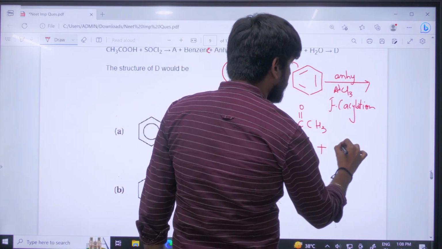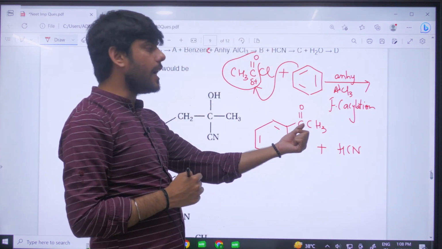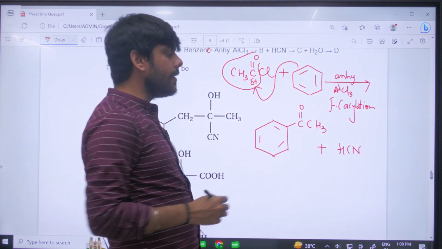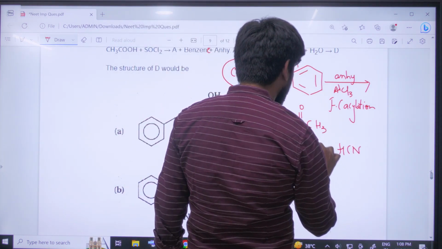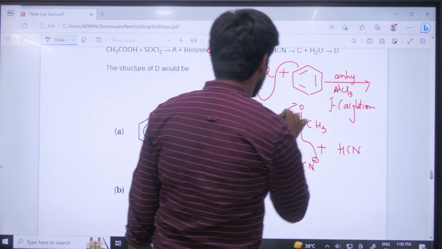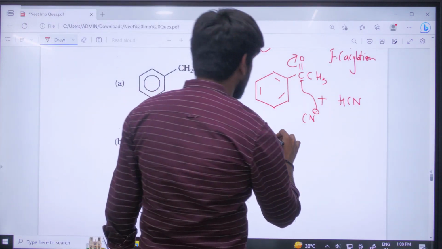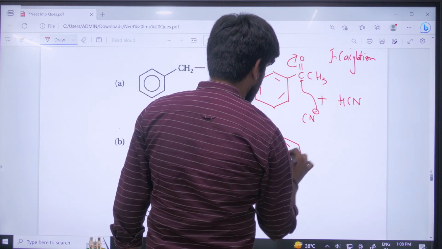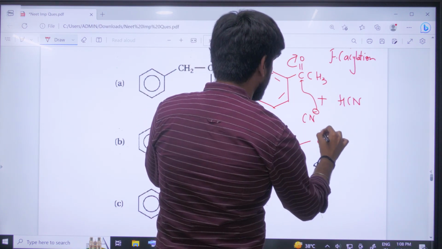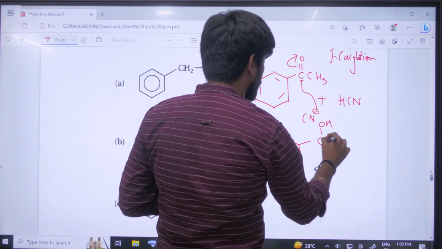Now this upon treatment with HCN, I have the electrophilic carbon, and I have the nucleophile, which is CN minus. This CN minus will attack on this electrophilic carbon. This bond goes here. If I perform the protonation, this is OH.